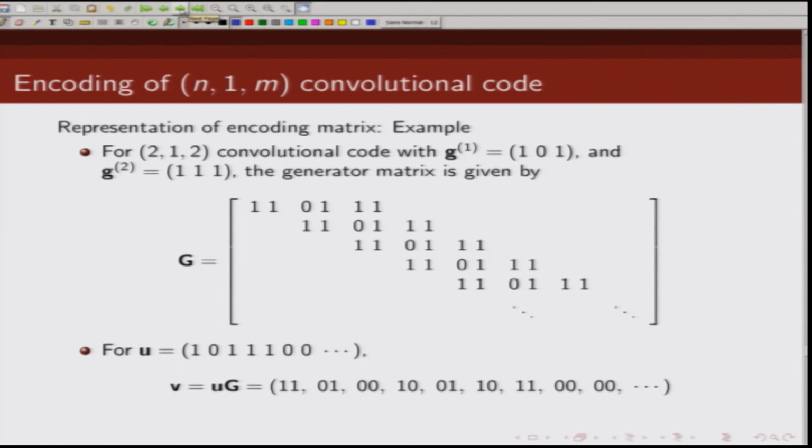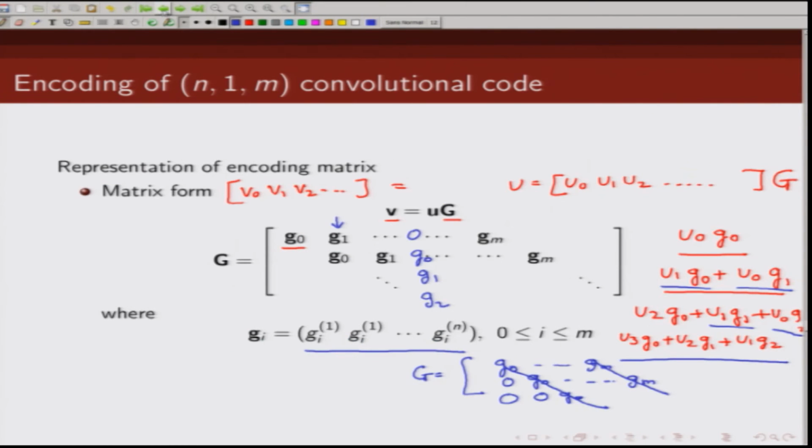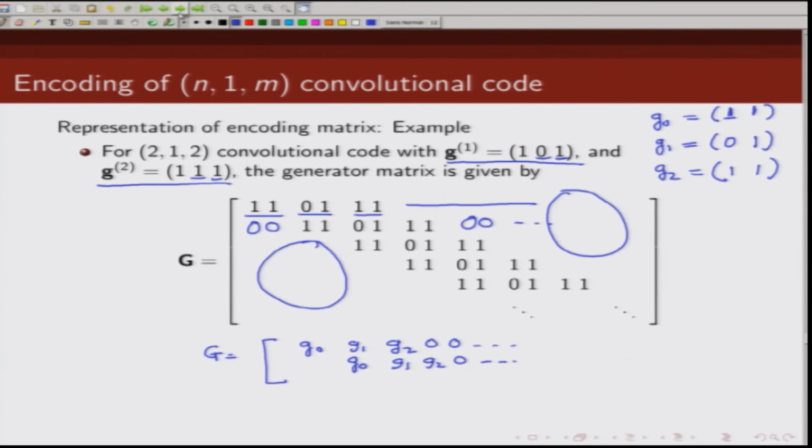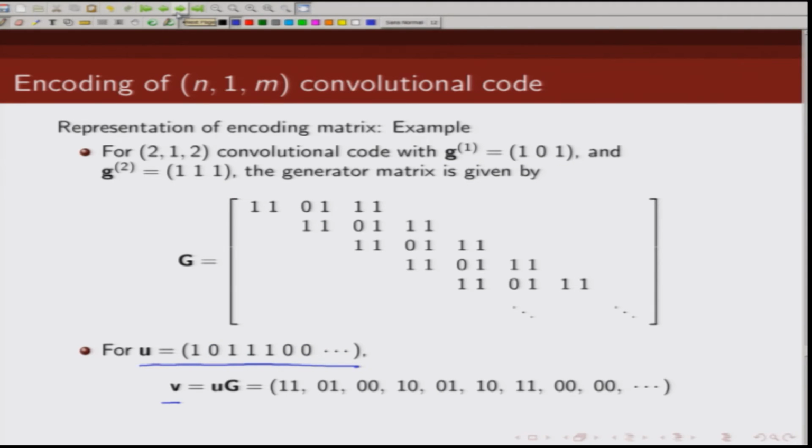Now let us verify our coded sequence that we calculated the last time. The coded sequence corresponding to this information sequence was given by this. Now, let us try using this generator matrix. So, if we use the generator matrix, then our first input is 1. So, 1 times G0, that is this. The next input is 0.